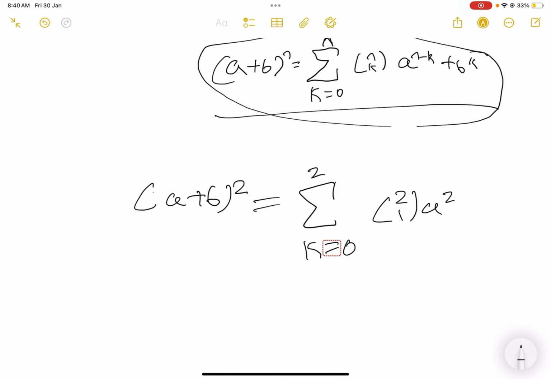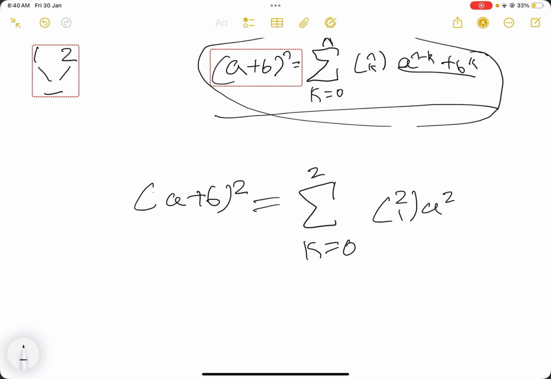The second term is going to be 2 choose 1. So this is the coefficient of this whole term. There are two possible solutions, because there is one blank and there are two possible options. This might come here or this might come here.